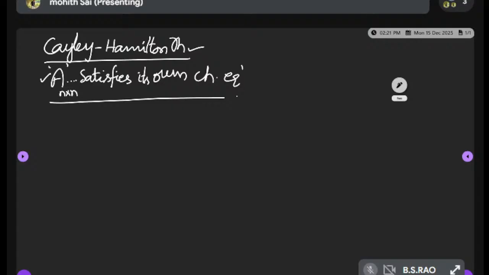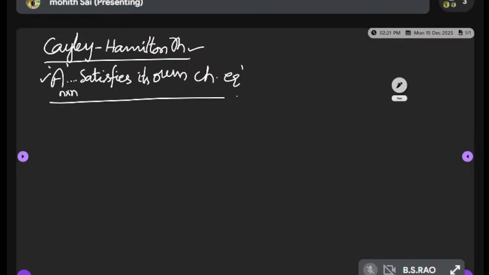Consider a square matrix of order n by n.